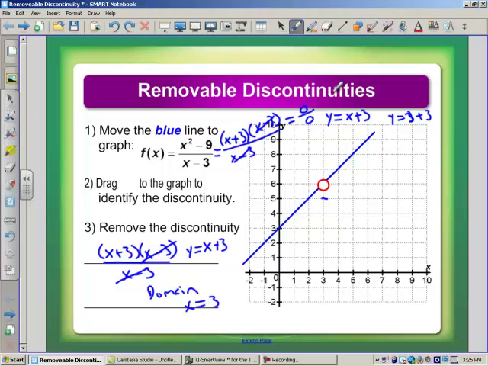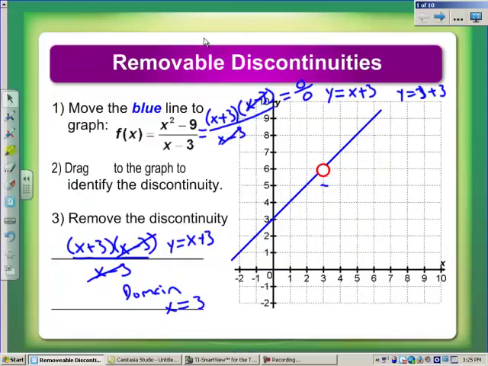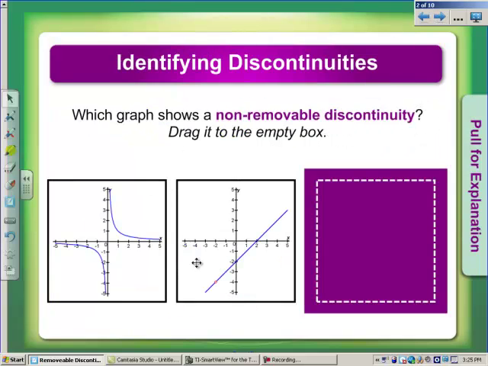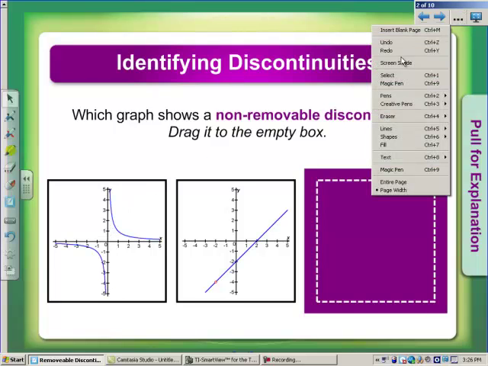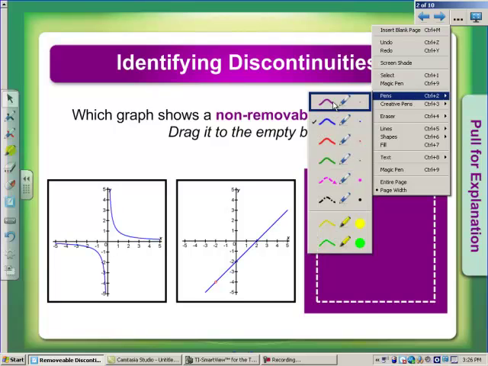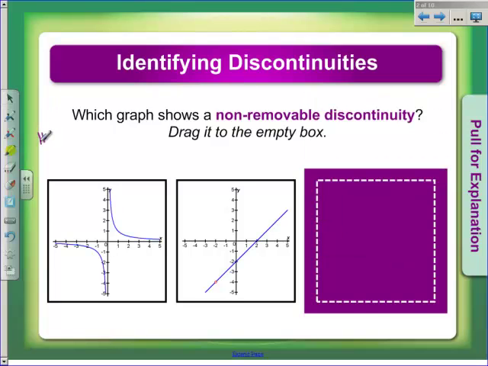Okay, so let's take a look at the difference between removable and non-removable. What you have in this first graph is an asymptote at 0. And this is like our parent function, 1 over x, which has an asymptote at x equals 0.